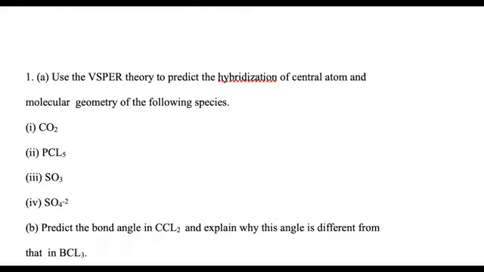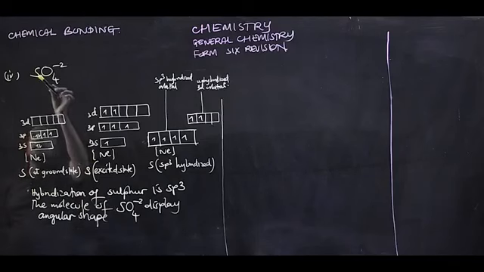Okay, question number 1A, Roman number 4: predict the hybridization of the central atom and the geometrical shape of sulfate ions. First, find the oxidation state of sulfur and use that oxidation state to write the number of unpaired electrons of sulfur.